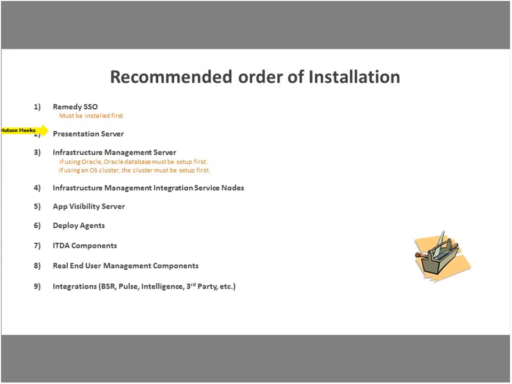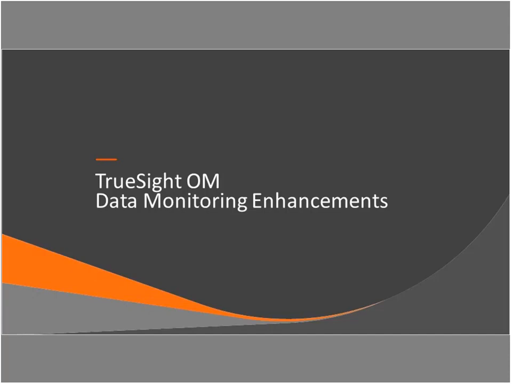Add the infrastructure management server and its pieces, its integration service nodes as well. You add them through the presentation server as components. And the same applies to all the rest of this as well, as far as adding these different major components into the presentation server. Okay, so that's the general recommended order of install, and we really haven't changed that.